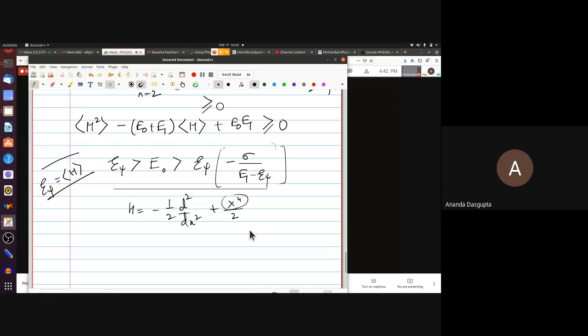So we used the variational principle to find a bound for the energy. That in fact was done even in the lecture before that, if I remember correctly, and that gave us an upper bound for what the ground state energy is going to be.